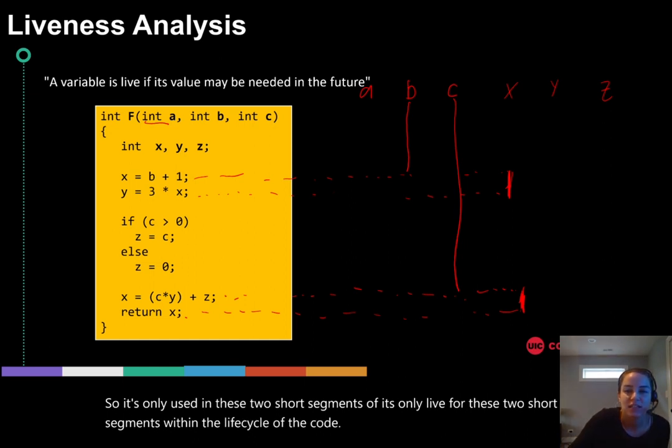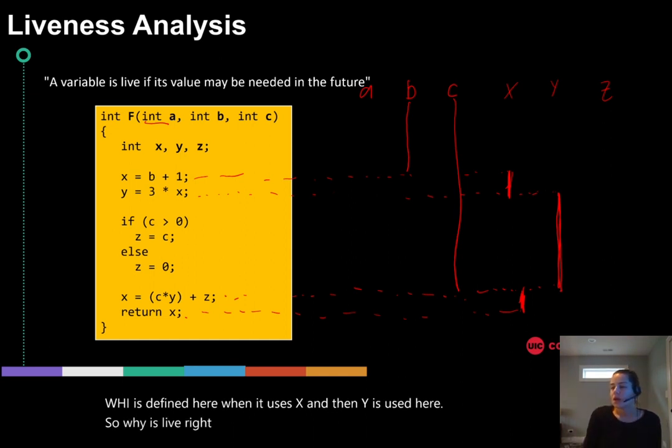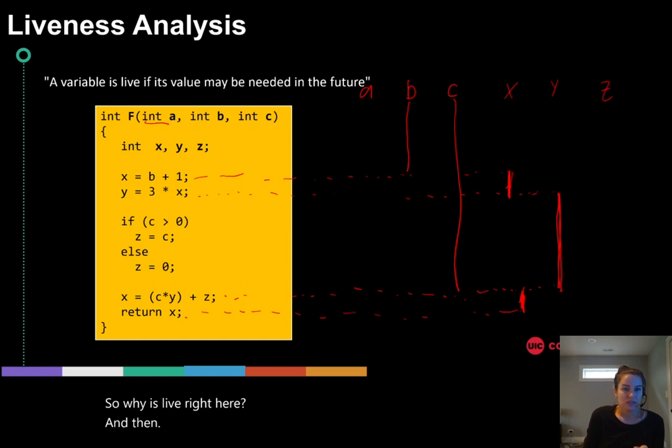Y is defined here when it uses X, and then Y is used here. So Y is live right here. And then Z is the last one.